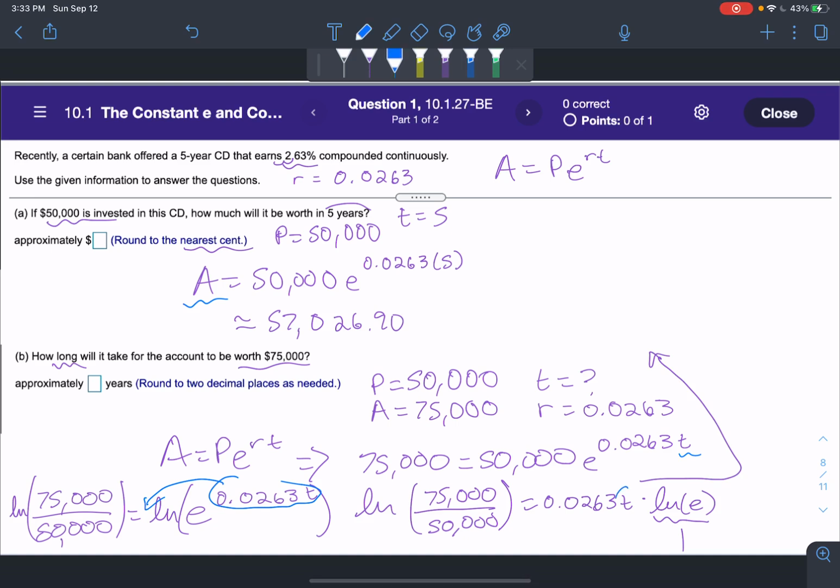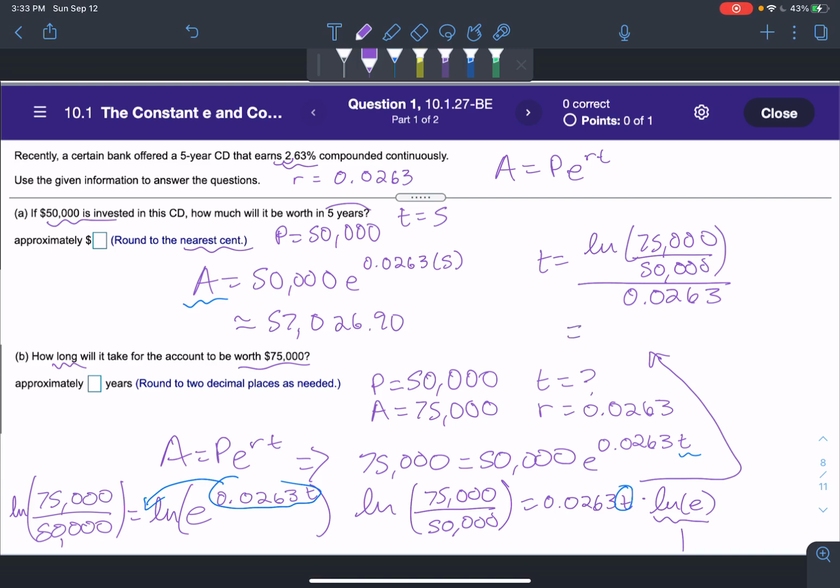I'm just going to divide that rate over to the other side. And so I get T is equal to the natural log of 75,000 over 50,000, and then divide it by 0.0263. And so where do we want to round? To 2 decimal places. So my T, if I put that in the calculator, I get 15.42 years. And that's our answer for part B.